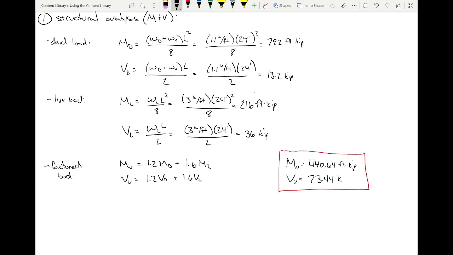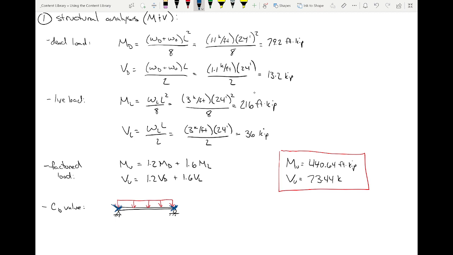Now there's one other thing that we need for this problem, and this is a Cb value, okay? We need a Cb. Now, here's the problem. We have a simply supported beam. It's got a distributed load on it. And there's a brace here, a brace here, a brace here, a brace here.